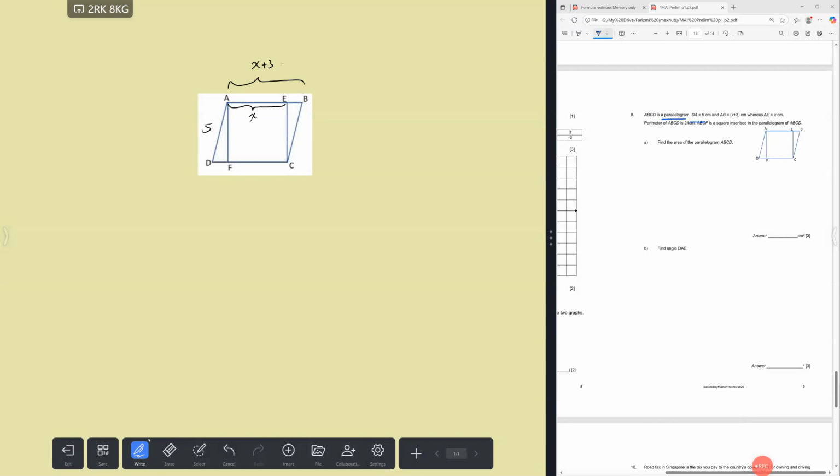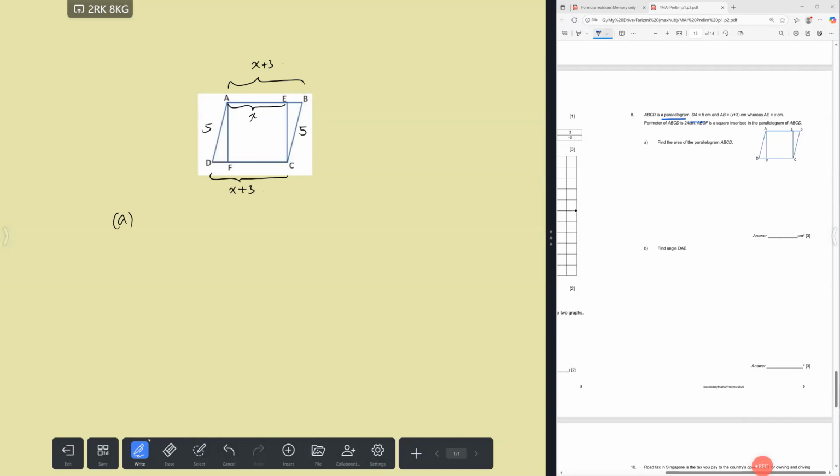The perimeter of ABCD is 24 cm, so the whole thing is 24 cm. What we can actually write even before I begin the question is that since AD equals BC, this length is also 5 cm, and this whole thing here is also x plus 3 because it's a parallelogram, the opposite sides are equal. So we can find x almost immediately because we're going to need it for the rest of the question later on.